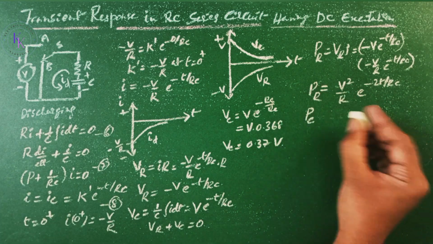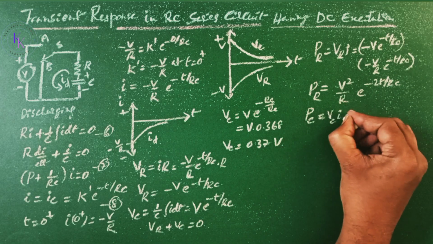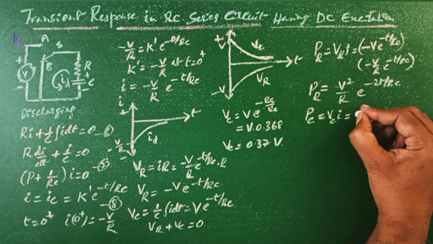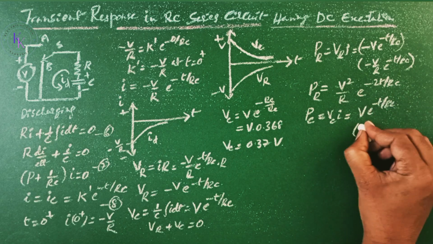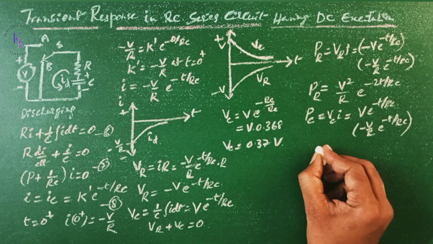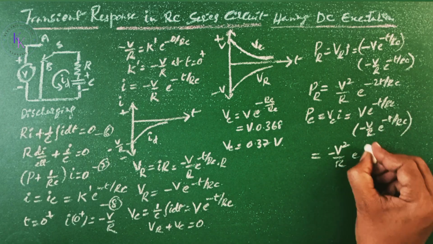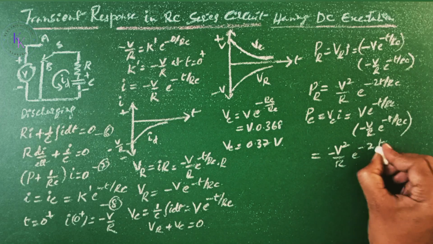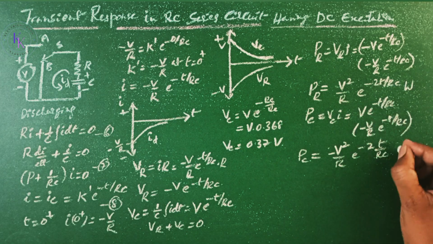The instantaneous power in capacitor C is given by V_C multiplied by i. V_C is V e to the power of minus t by RC multiplied by minus V by R e to the power of minus t by RC, which equals minus V square by R e to the power of minus 2t by RC. This is P_C, in watts.